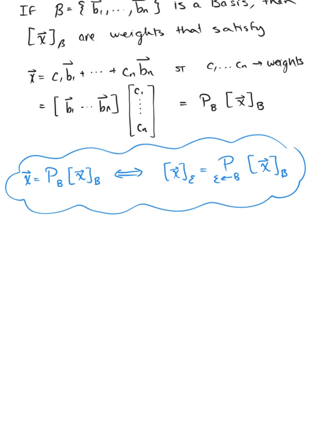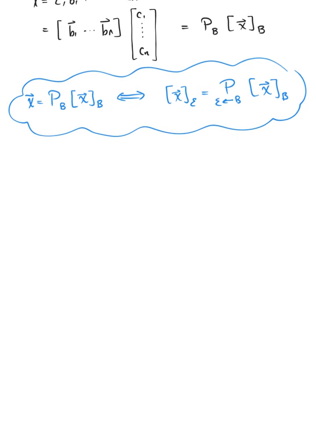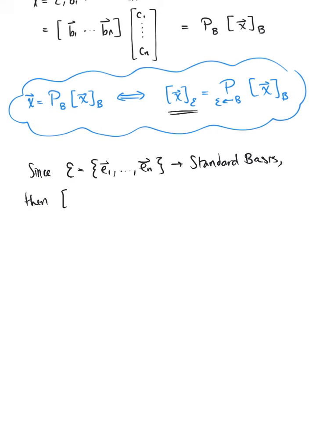And if we still need a little help in seeing this, we can again simply think about the definition for the coordinates of vector x relative to the standard basis. So since E is the set of vectors, e sub 1 all the way to e sub n, the elementary vectors, is the standard basis, then the coordinates of vector x relative to the standard basis are the weights or scalars or coefficients that satisfy the following vector equation.